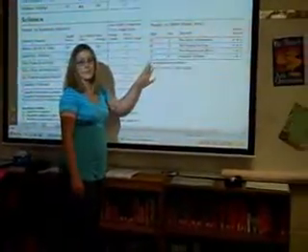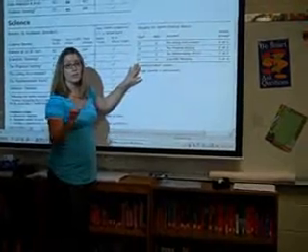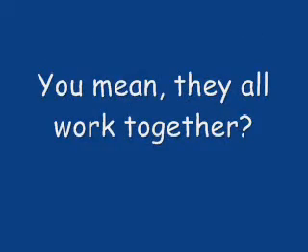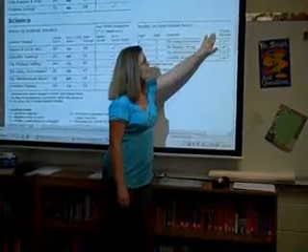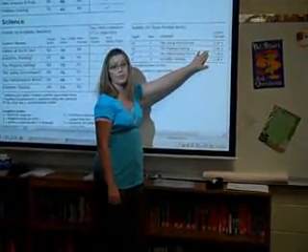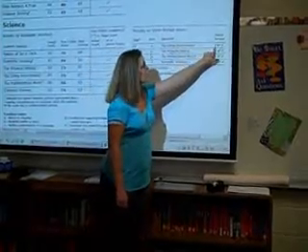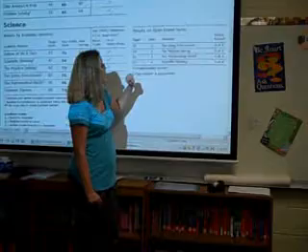Over here on the open-ended items, these are the questions that you read and you write out your answers to. So it tells you here on the far right column how many points were possible. So you'll see on my example here that this student got 2 out of 2 points for the living environment, which is a perfect score.